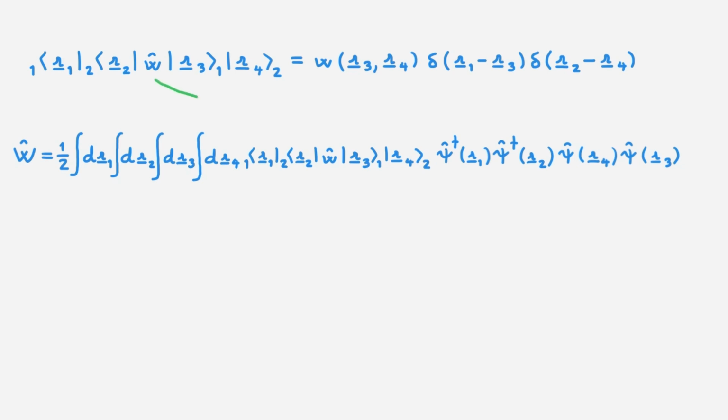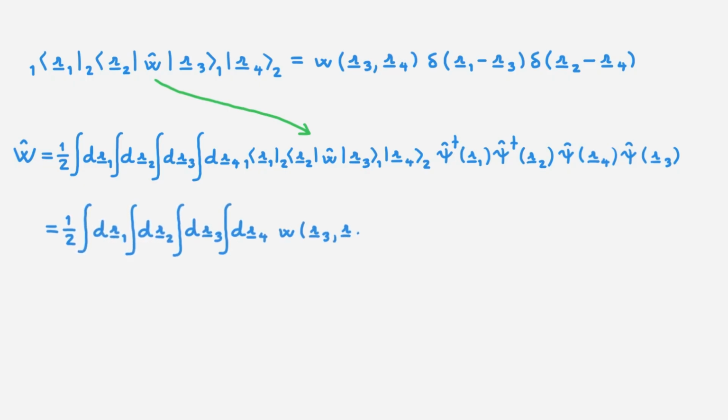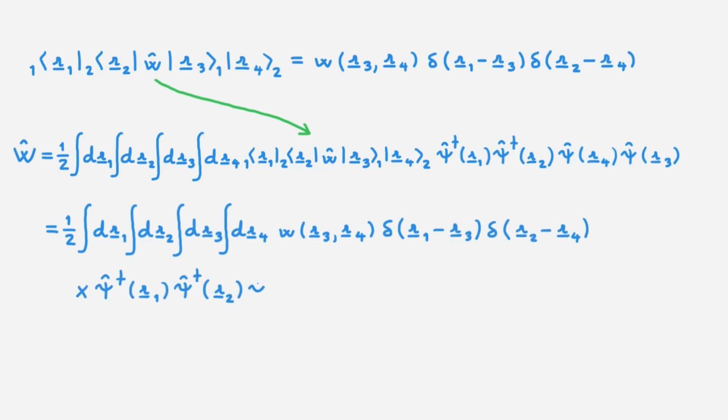Inserting this matrix element into the operator, we end up with this very long expression. And I can't really fit it into a single line, so I'm going over to a second line.